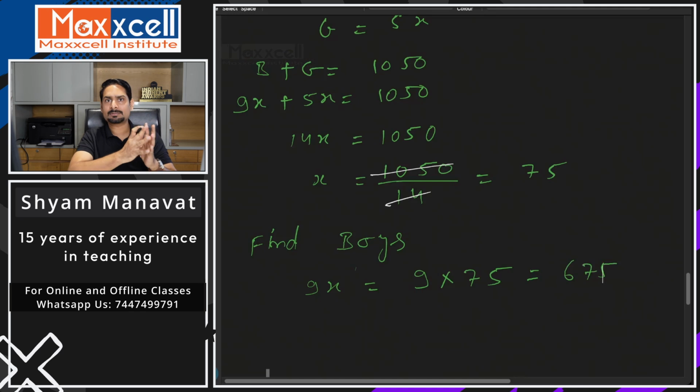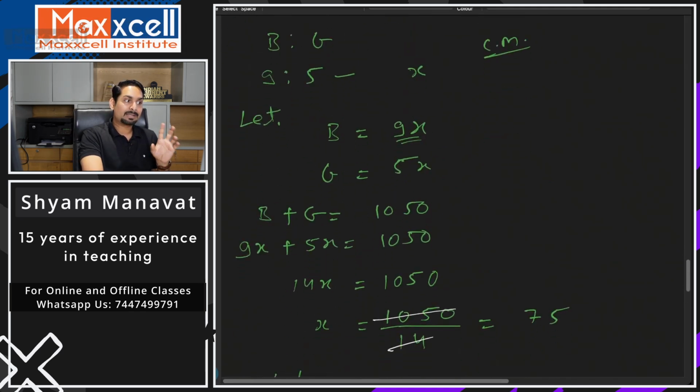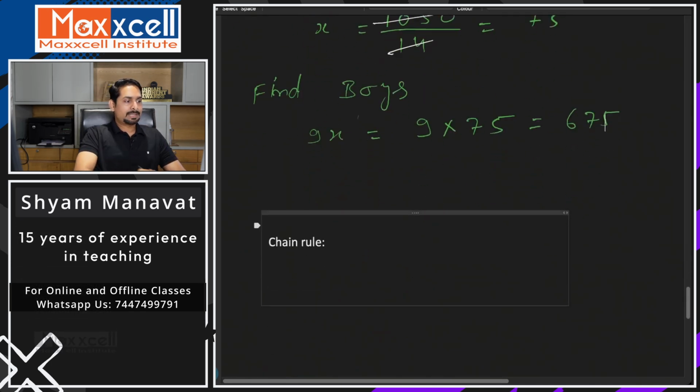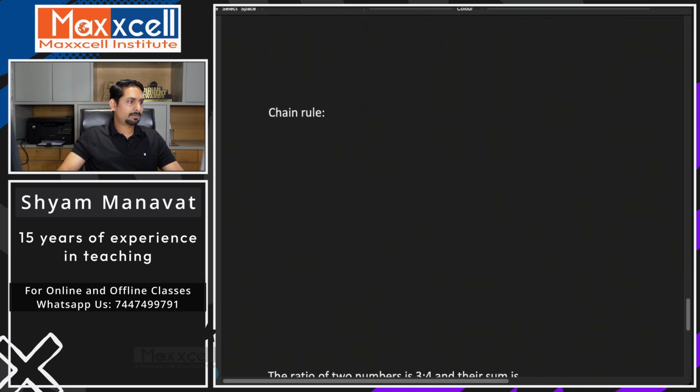So the answer remains the same. I know that this method for this particular question is lengthy, but you need to learn all these methods so that when I solve using these methods to do the shortcuts, you should be able to understand. So that is the assuming method with the common multiple.